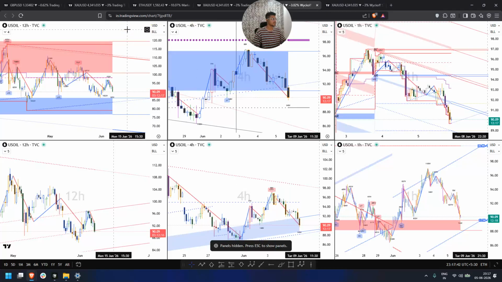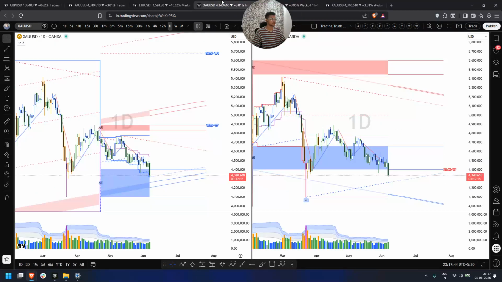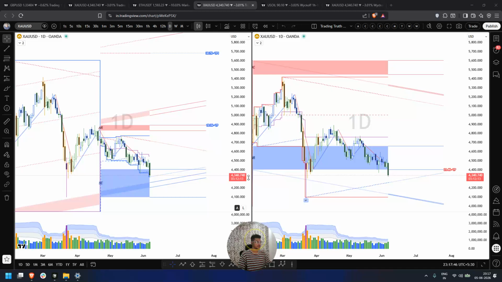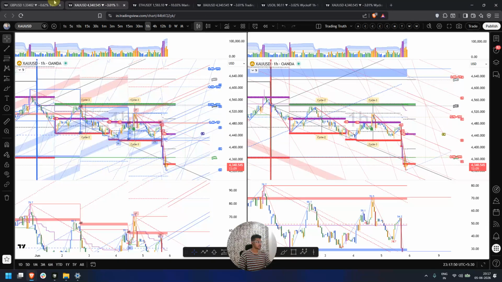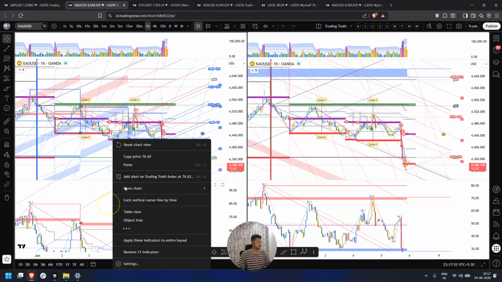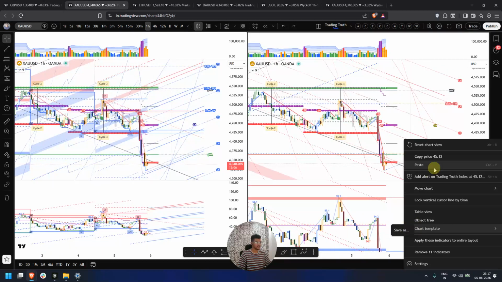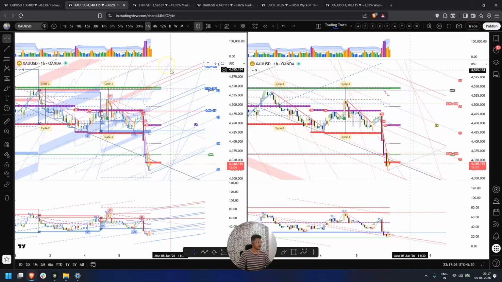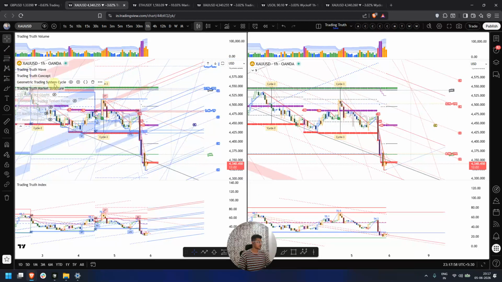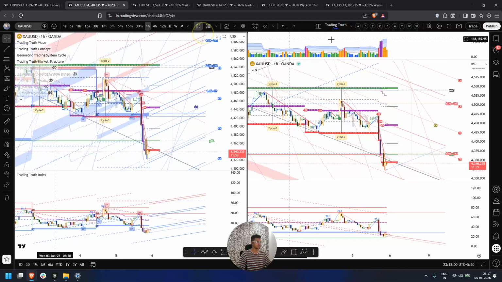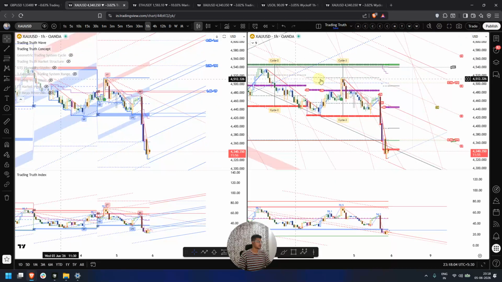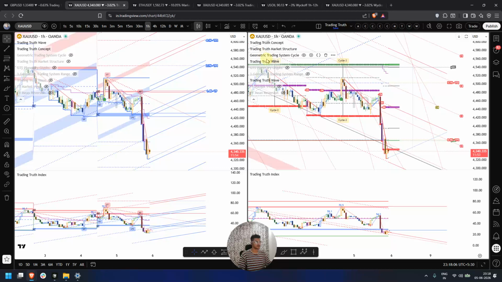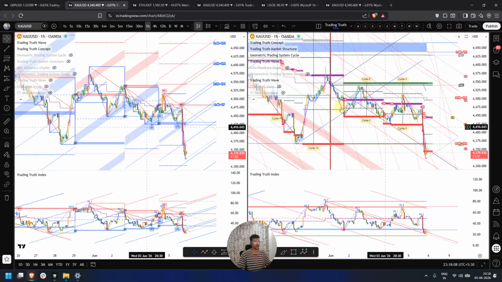Let me actually show you another chart. I wanted to show you RSI as well related to that. Let me remove all this stuff, the cycle thing, I'll teach you that later on.